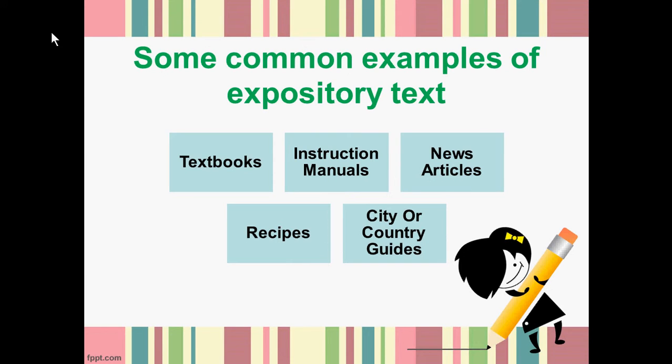Some common examples of expository text are textbooks, instructional manuals, recipes, city or country guides, and self-help books.